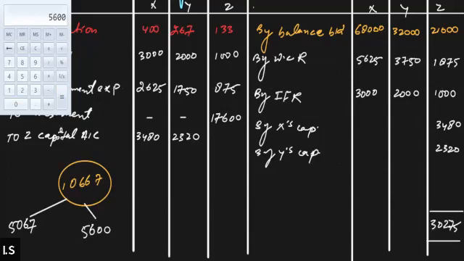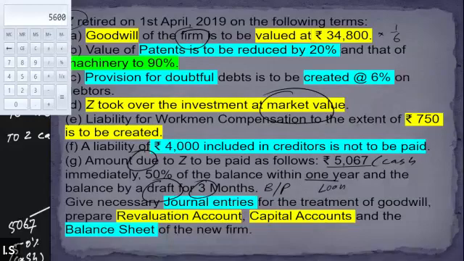Is that clear? This is the cash paid, and the remaining is 5600. The question is also telling us the treatment of the remaining amount. How do we treat the remaining 50%? The question says 50% of the balance, whatever the amount left, 50% of that needs to be paid in 1 year.